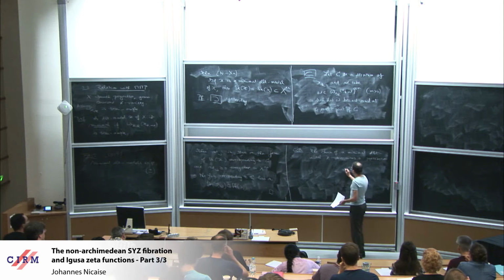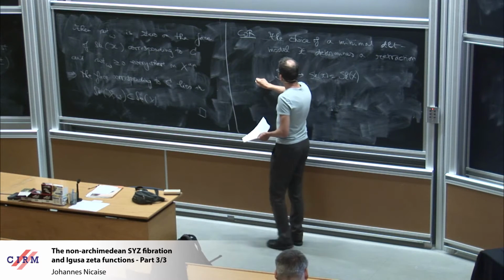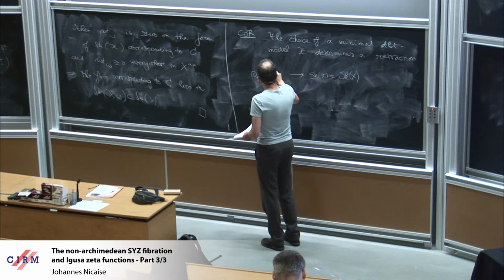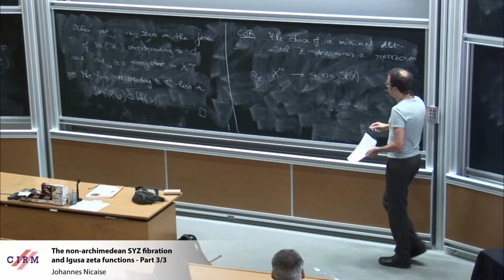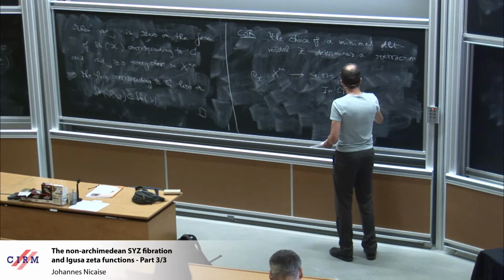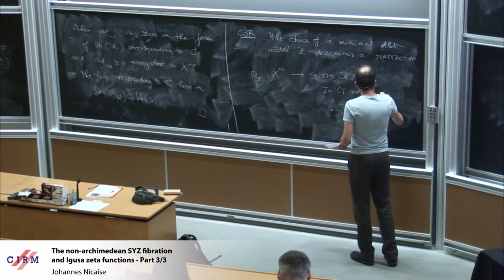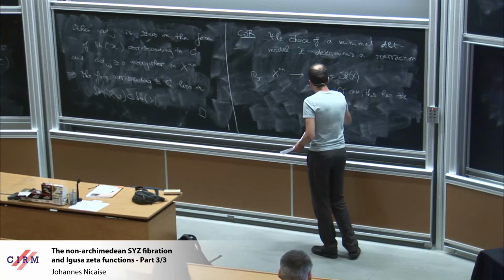So now that we can identify the essential skeleton with the skeleton of our minimal DLT model, we can just use the canonical retraction map which is attached to this model. So in the Calabi-Yau case, this has the expected properties of the SYZ fibration.